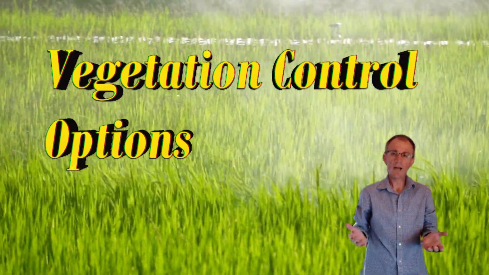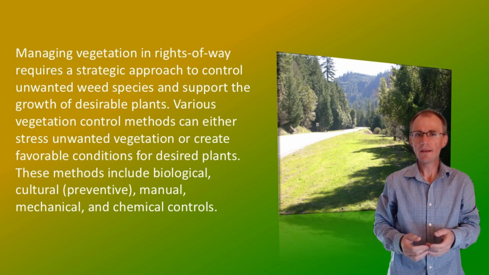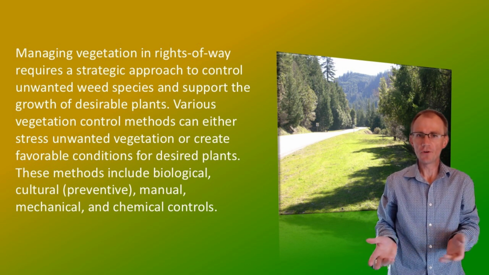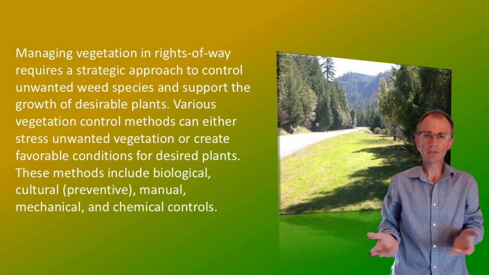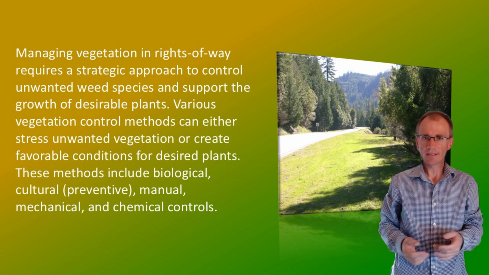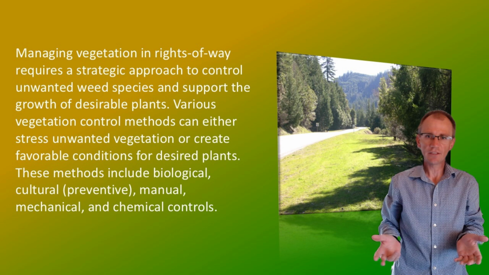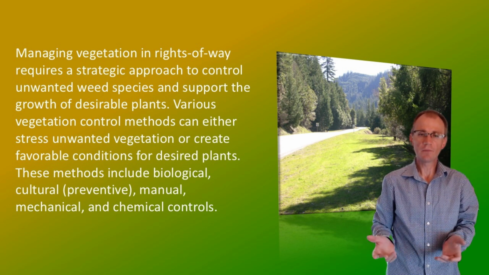Vegetation control options. Managing vegetation and rights-of-way requires a strategic approach to control unwanted weed species and support the growth of desirable plants. Various vegetation control methods can either stress unwanted vegetation or create favorable conditions for desired plants.